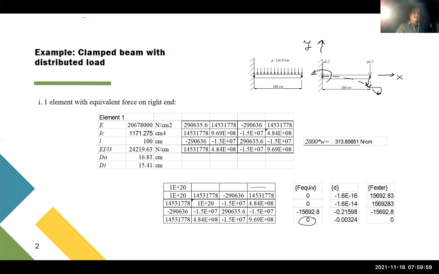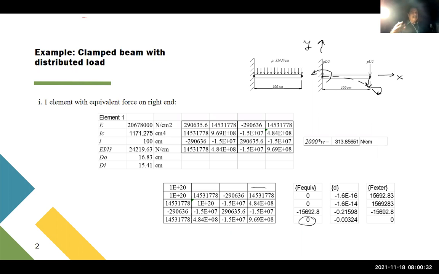Equivalent forces: what we do is we take this and multiply by the original matrix, and these are the external forces that we obtain. We see that we recover the two external forces on the end. There is no moment. So this is the reaction directly, and this is the moment reaction on the clamped end. That's it. That's the simplest case.